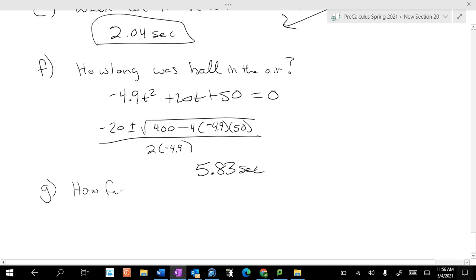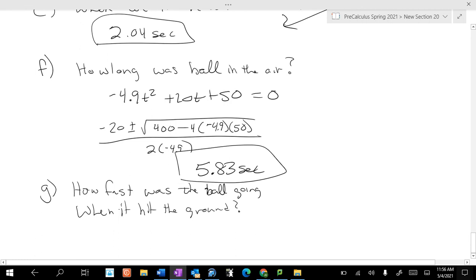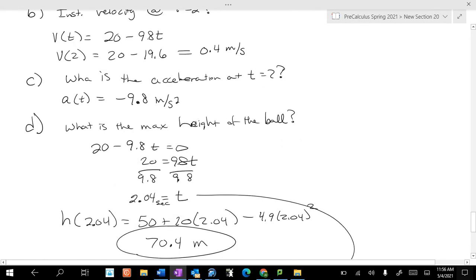How fast was the ball going when it hit the ground? How do we figure that out? Put 5.83 into the velocity, because that's when it hit the ground. So the velocity at 5.83 seconds. What was the velocity function?